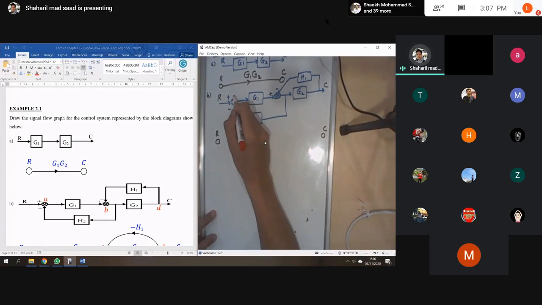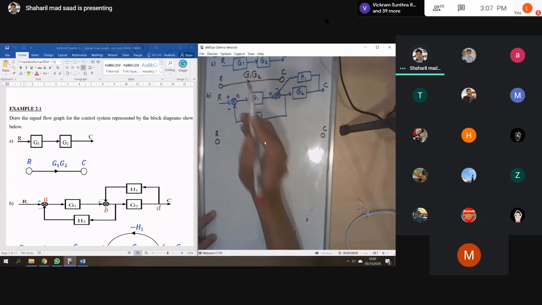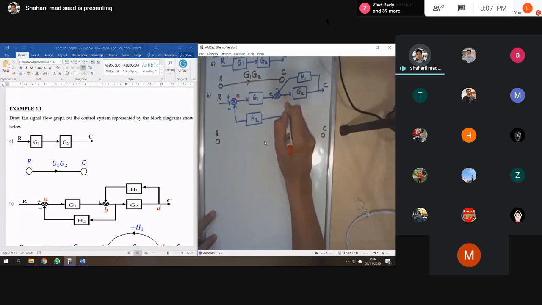This one, make it A. This is one summation, A. And the final one, you can combine: a summation and a junction you can combine.